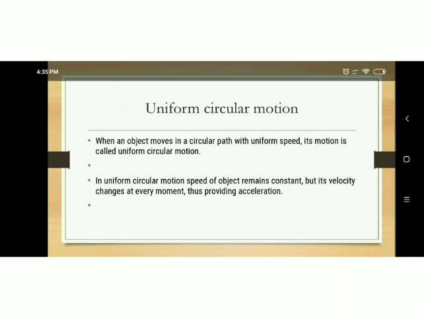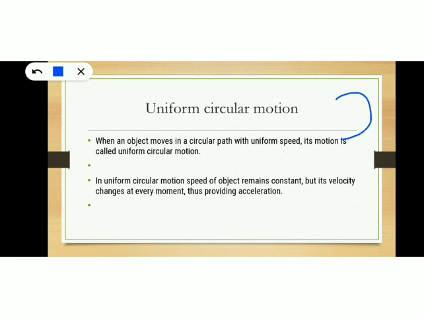Why? Because you can consider this circle, and here you can see, if we consider different points A, B, C, D, E, like this, at each point the object changes its direction, isn't it?